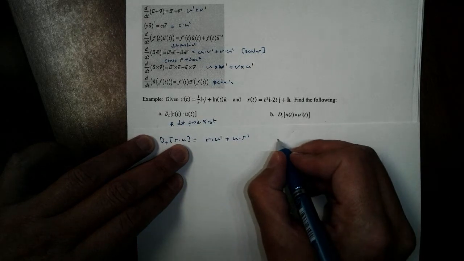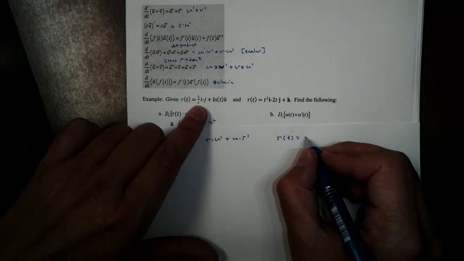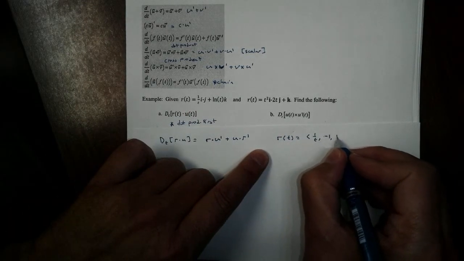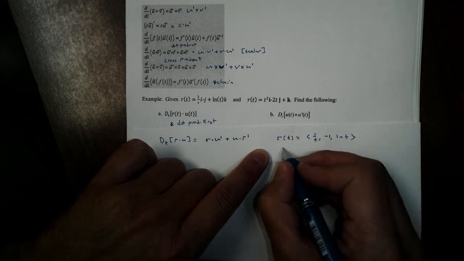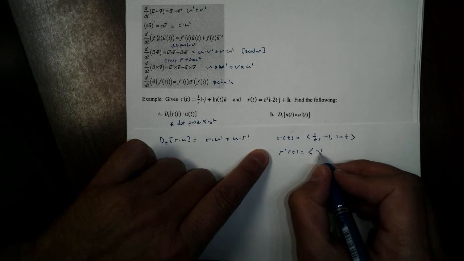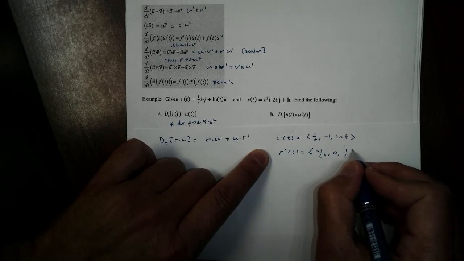So we need r of t, which is 1 over t, negative 1, natural log of t. We need r prime of t, which is negative 1 over t squared, 0, 1 over t.